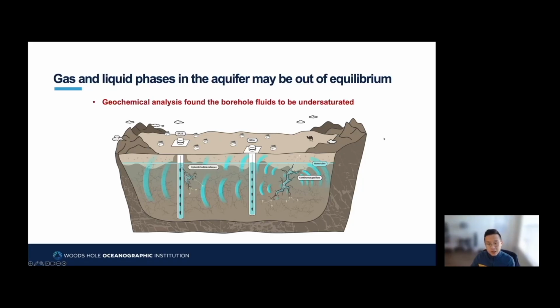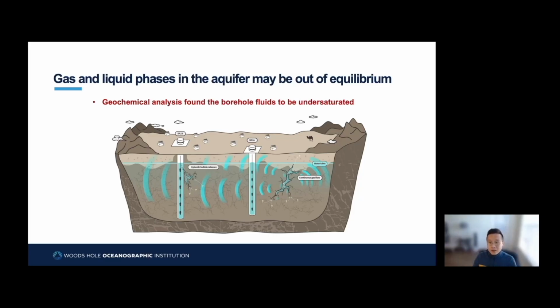However, that apparently contradicts previous geochemical analysis, which found the borehole fluids in the two boreholes to be undersaturated in both hydrogen and methane. If we assume that both the geochemical and our geophysical results are correct, then we have to find a way to reconcile them.